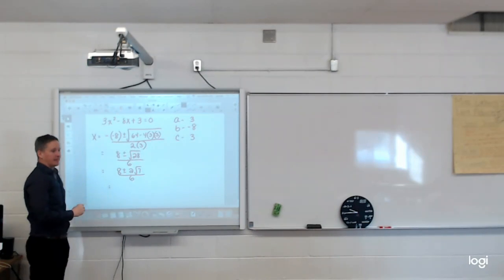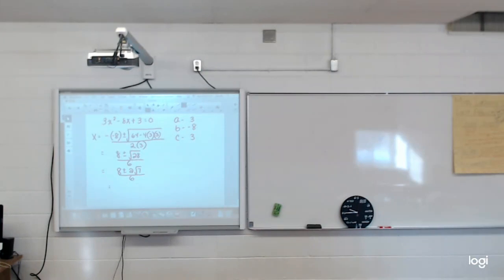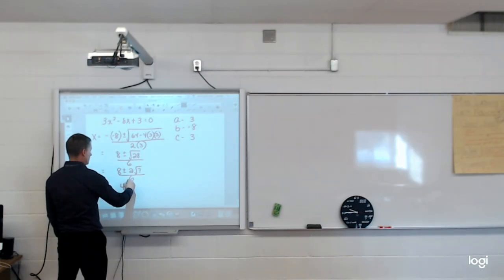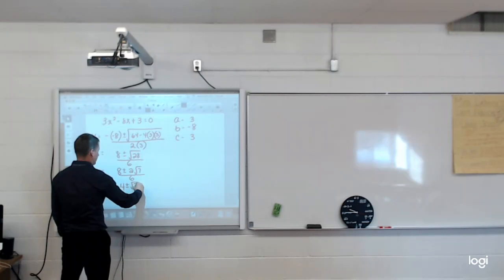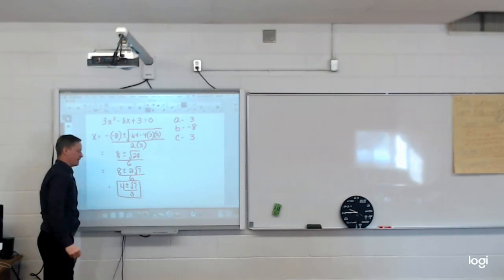Now here's the thing. I have a fraction right now. I'm going to reduce this fraction. I'm going to divide all my values by 2. So that gives me 4 plus minus root 7 over 3, and that's how I want to see your final answer.